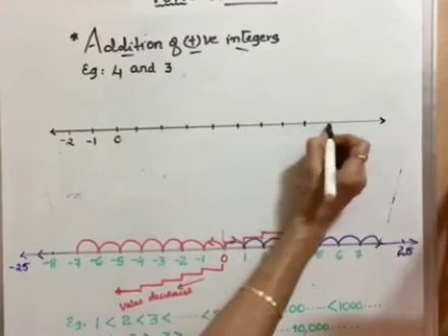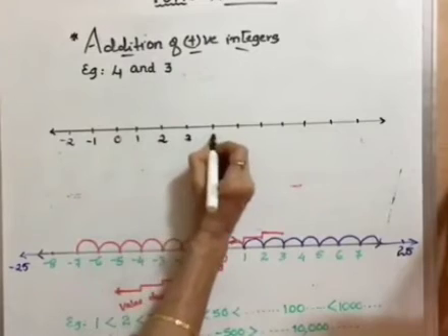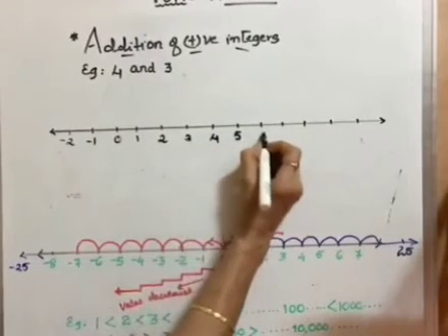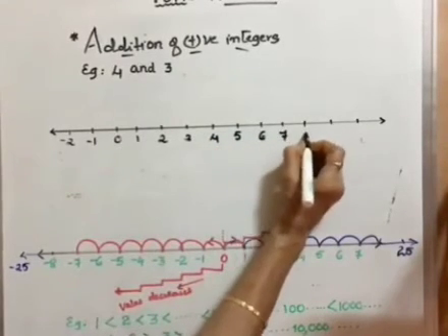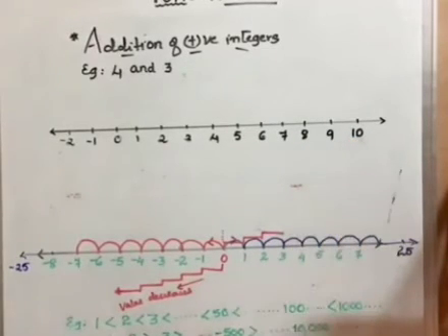Clear? 1, 2, 3, 4, 5, 6, 7, 8, 9, 10. Okay? Now, I hope you're all ready with the number line.